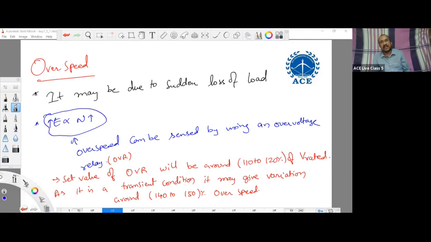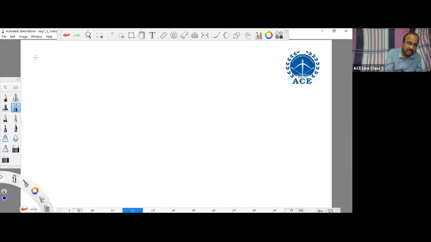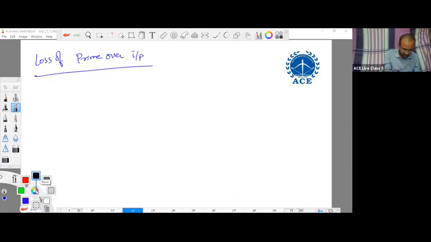What is the next abnormal condition? Loss of mechanical input, or primary input. If you observe the alternator, is it a doubly excited machine or a singly excited machine?